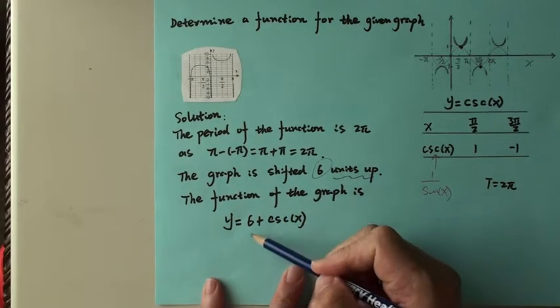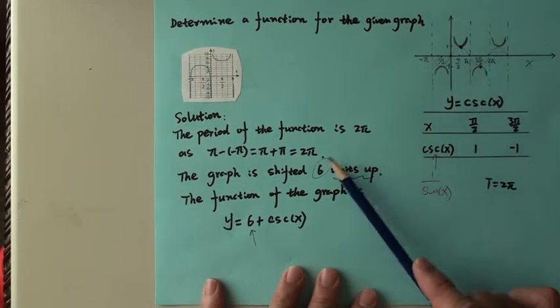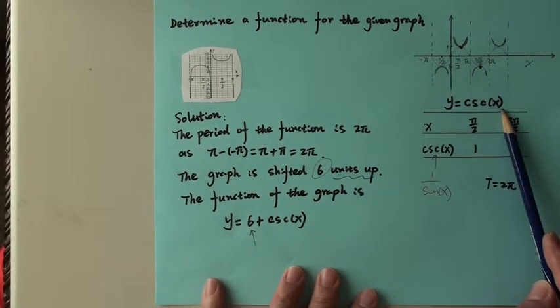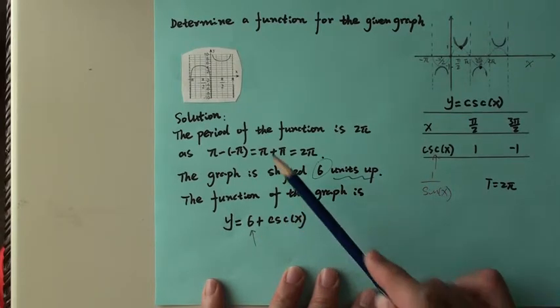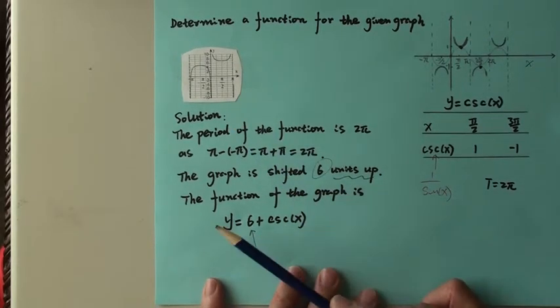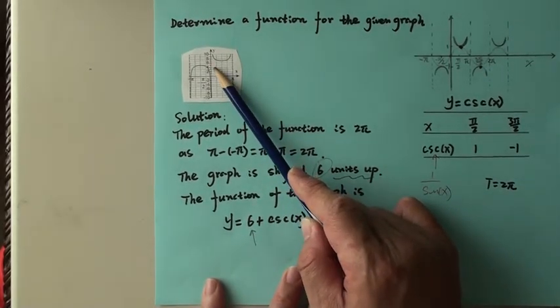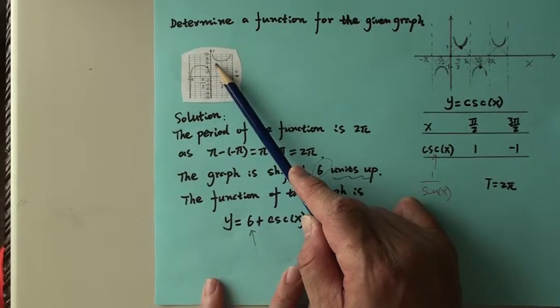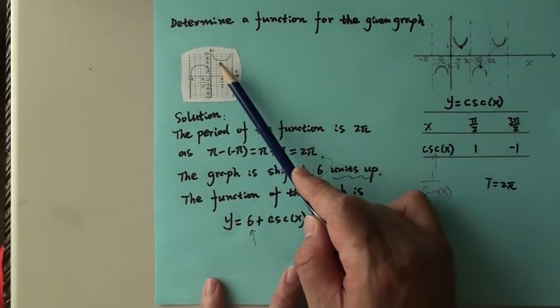If you add 6 to cosecant x, then you will get this graph. So basically, it's just y equals cosecant x, but you add 6 units on that, and you will get this graph. From the given graph, first of all, you need to find out it is cosecant, not secant.